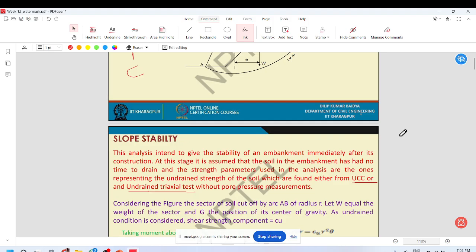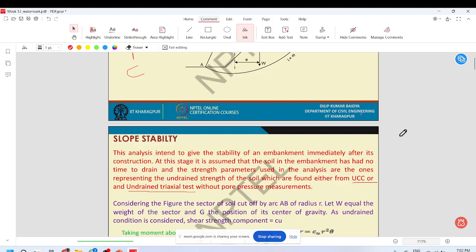Basically what I mean to say is that it is an idiosyncrasy that we say this is a sandy soil, this is a clayey soil, this is a purely phi soil, this is a purely C soil.